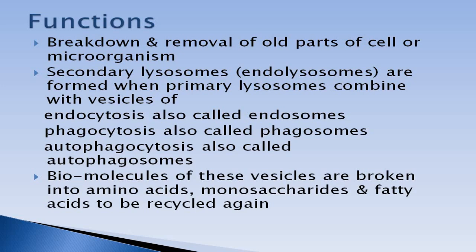And these molecules which are digested in the secondary lysosome are converted into simpler forms. If it is food, of course, it would be converted into amino acids, monosaccharides, fatty acids. Even the old and damaged parts, their useful compounds would also be converted into simpler ones, which can be reused again by the cell.